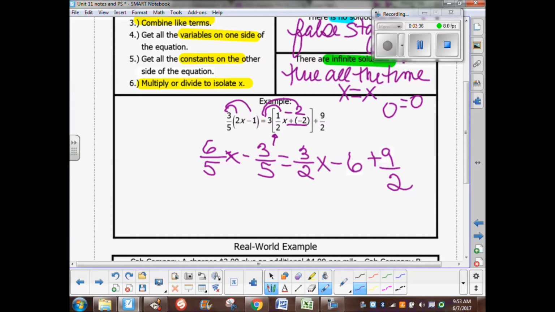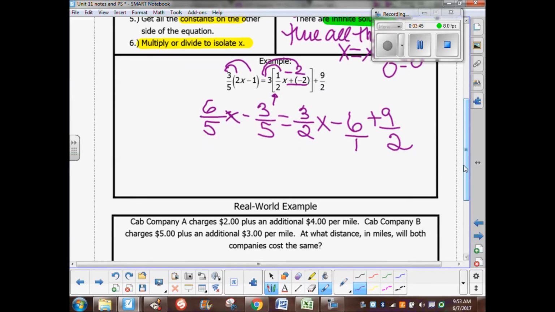Now, let's give that -6 a denominator, and look at all the denominators. They're all not the same, so we need to get a common denominator.